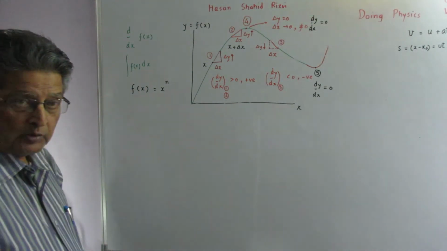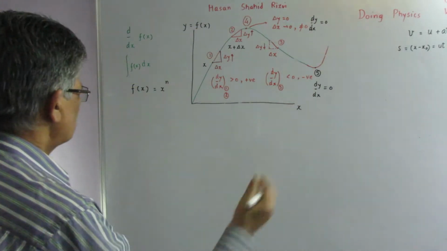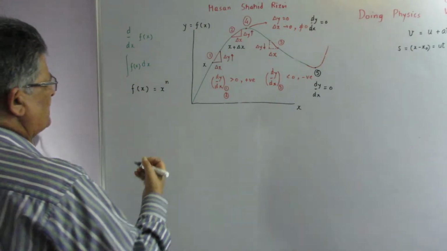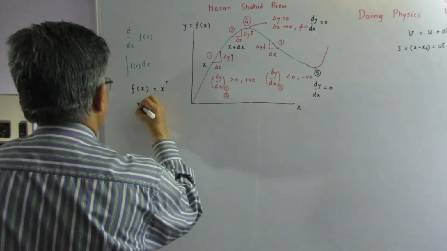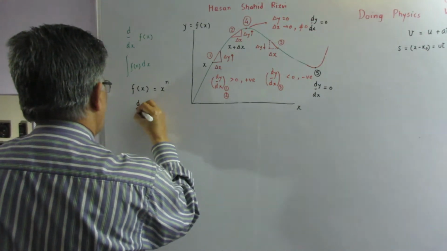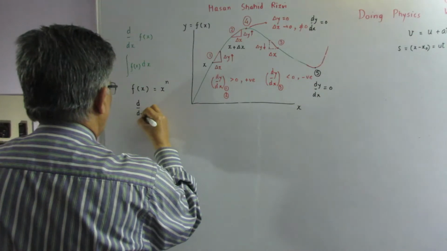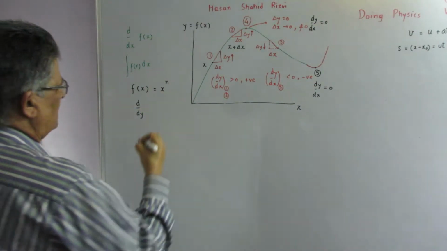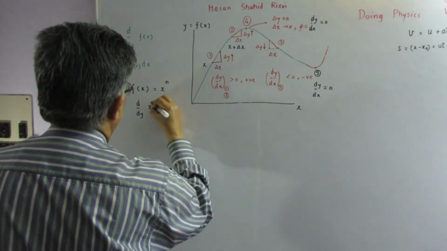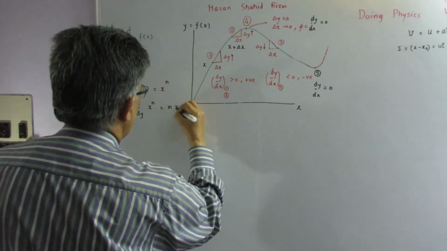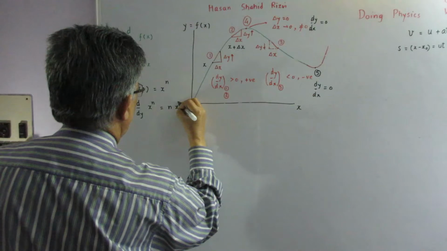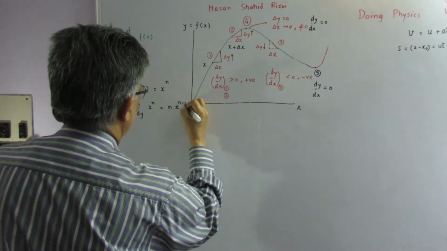I can demonstrate sometime if it is required, but right now I know that for all the students it may be easy to understand that dy dx of x to the power of n is equal to n x to the power of n minus 1.